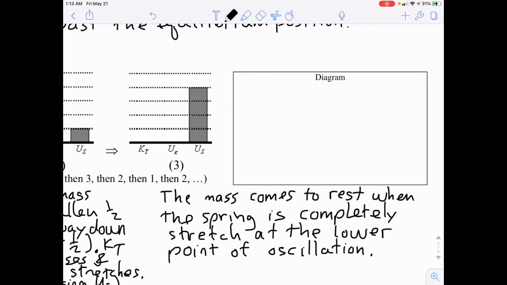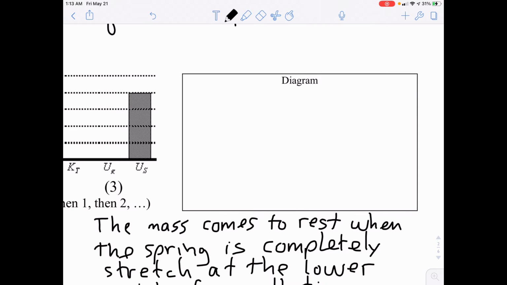So if we were to draw a picture of this, in diagram 1, you'd have a mass that's just being held. Diagram 2, the mass is halfway down. It's moving, there's kinetic energy, and you have some stretch in the spring too.